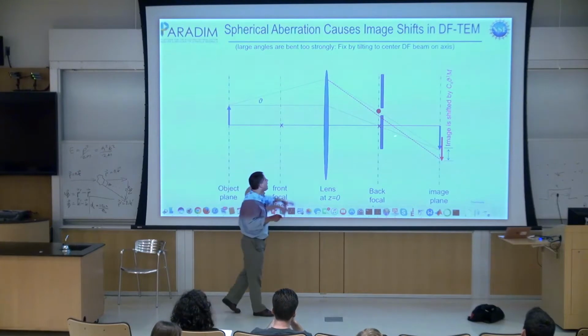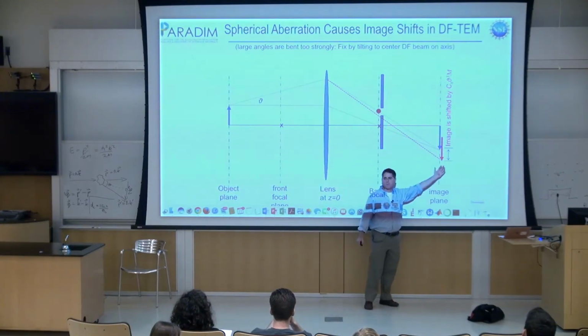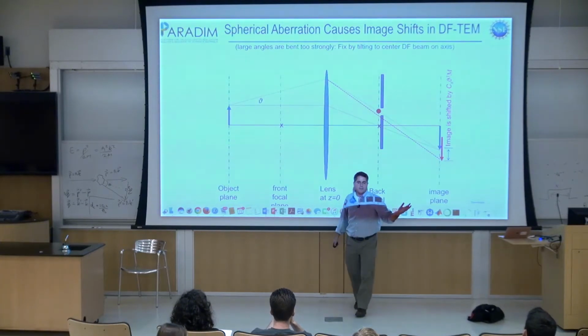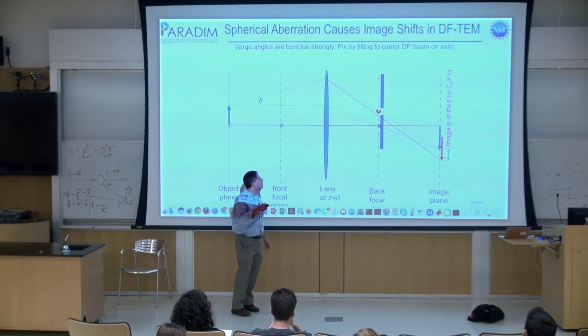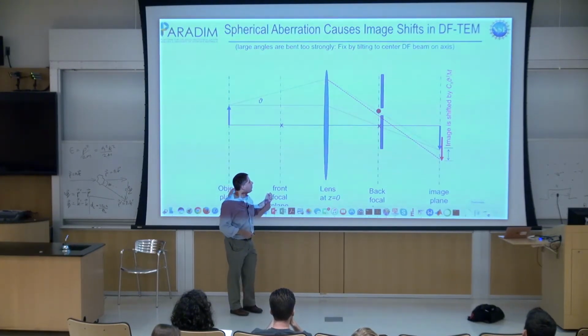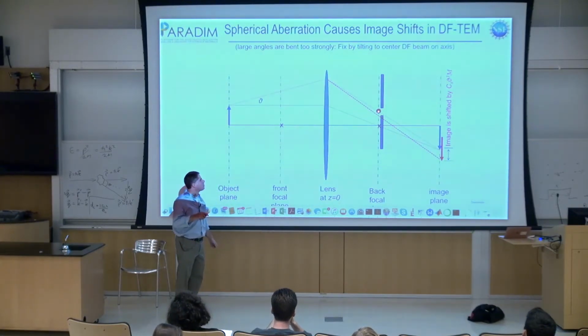If I had a big object and I took all the rays everywhere, this would be a horrible out-of-focus blur. It's not a complete disaster because my aperture is tiny, so I'm only getting a couple of rays that are all deflected about the same amount. But it has the consequence that this image over here with the aperture shifted off the optic axis is shifted with respect to the image that was formed on the optic axis.